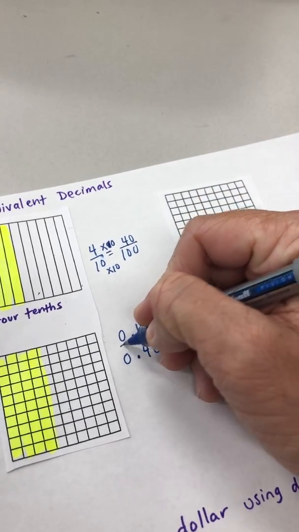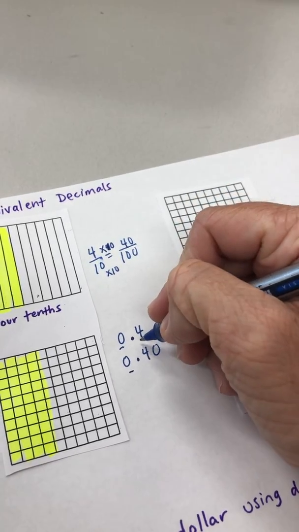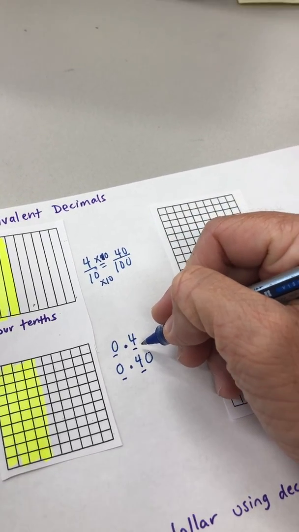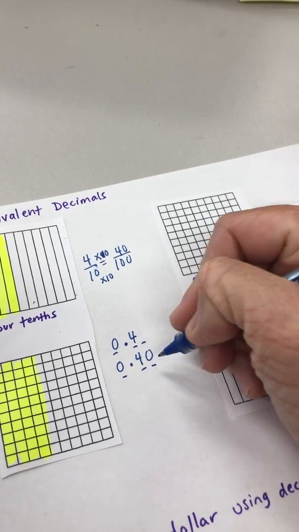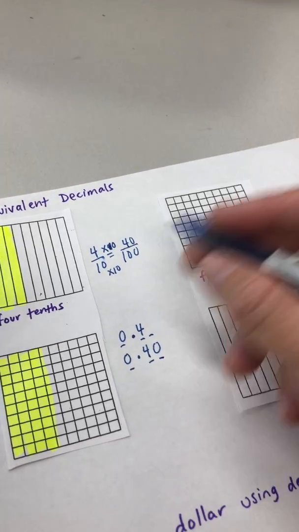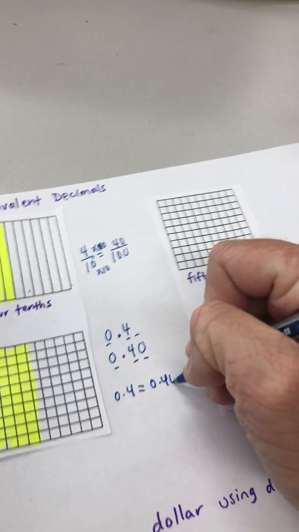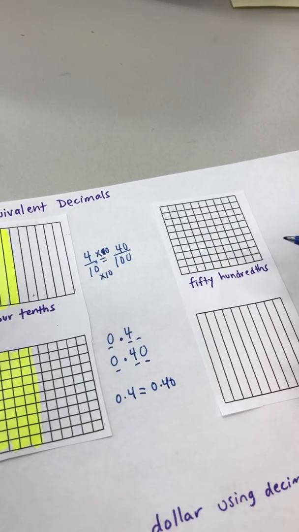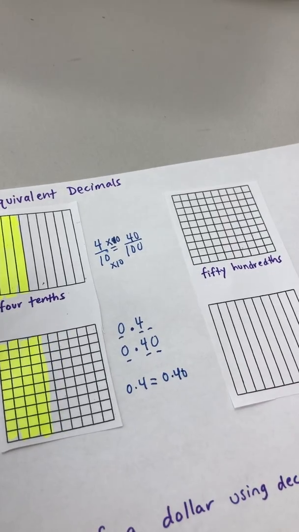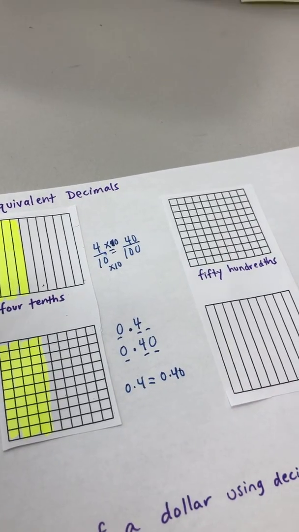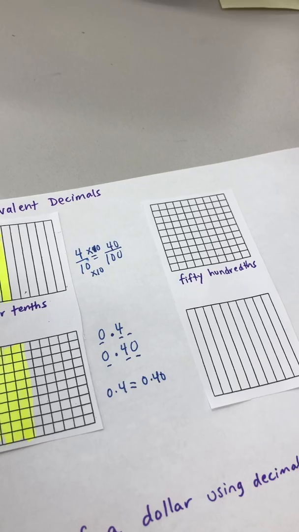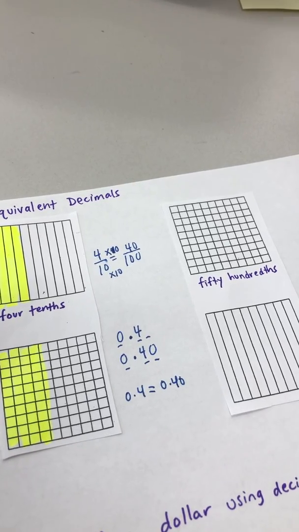So if you look at place value, I have the same value here in the wholes, I have the same value in the tenths place, and I have no value here and a written 0 here, which is really the same value. So we would say that 4/10 is equivalent to 40 hundredths. Now if you just said 0.4 is equal to 0.40, kids won't understand that. So it's important to make sure we're understanding that vocabulary and using those denominators.